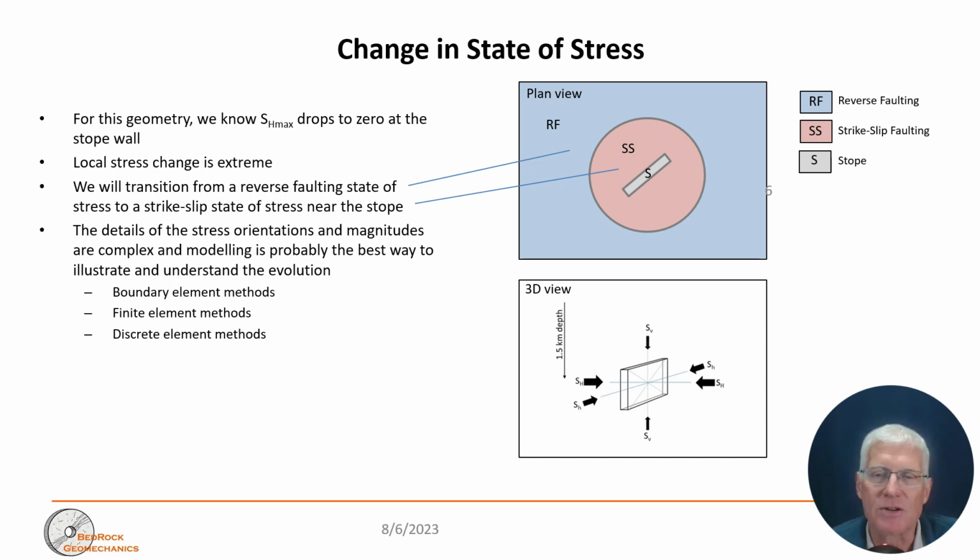You can then also figure out, if you had pre-existing faults in different orientations, would they be likely to be reactivated? And that, in a sense, is a powerful predictive situation to be in if you can get there.